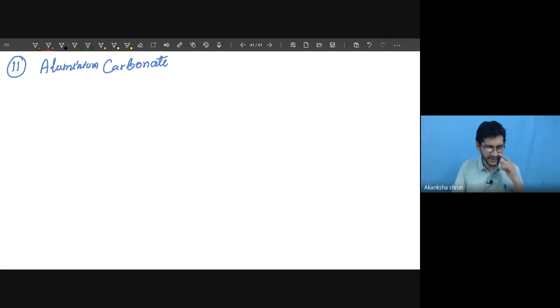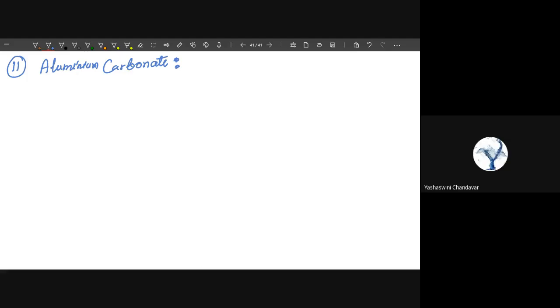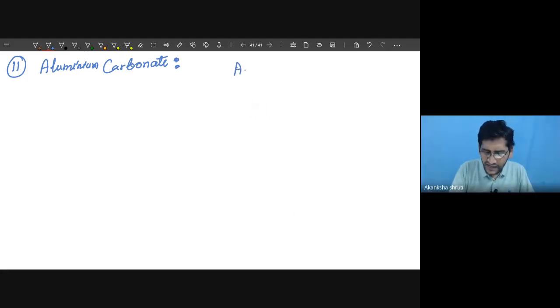Okay, student. So aluminium carbonate we are considering. So what is the formula for aluminium carbonate? Can anyone tell me? AlCO3. All the students agree this is the correct formula? Yes, sir.